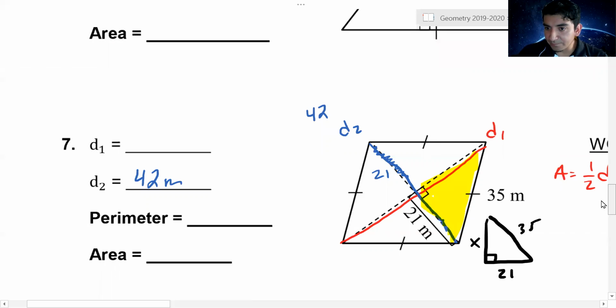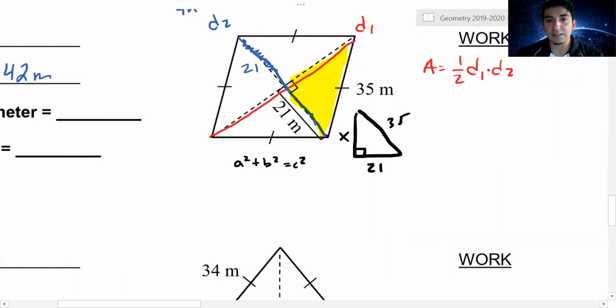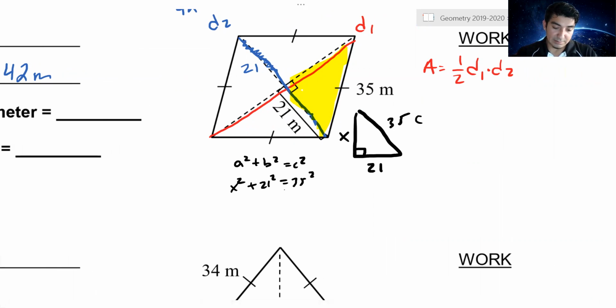So I have a squared plus b squared equals c squared. If I try and solve it, I have 35 squared, 21 squared, and then x squared, because remember, c is always the line that never touches the box, and a and b doesn't matter. If I square this, I'm going to use my calculator. 21 squared is 441, and 35 squared is 1225.